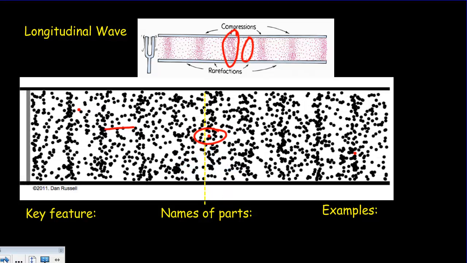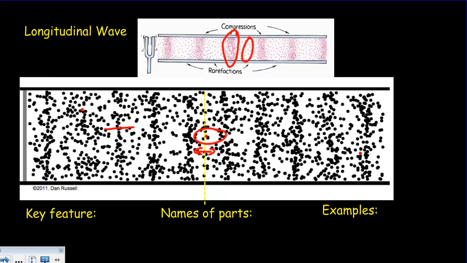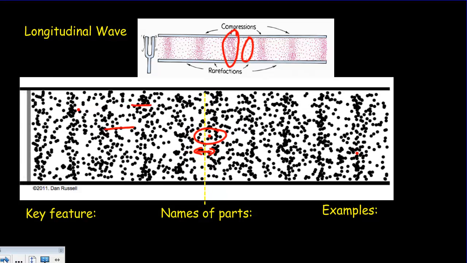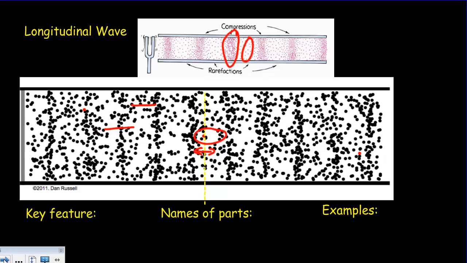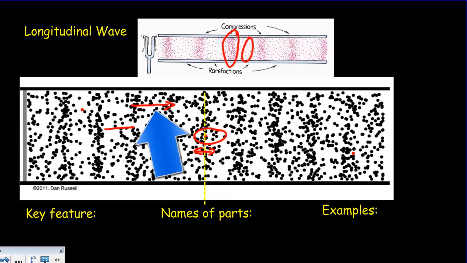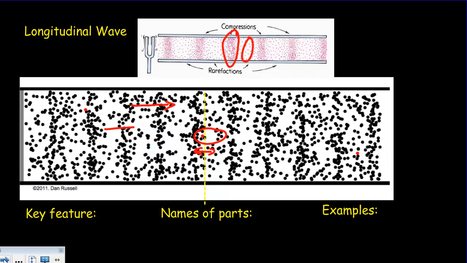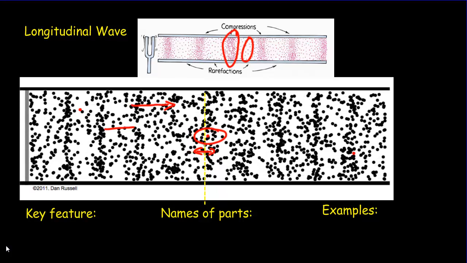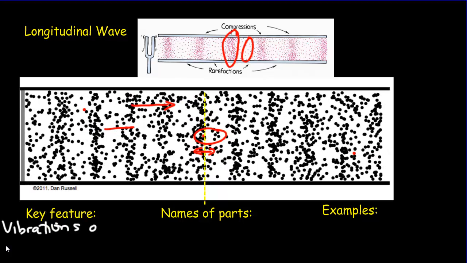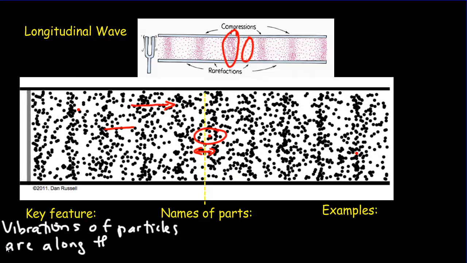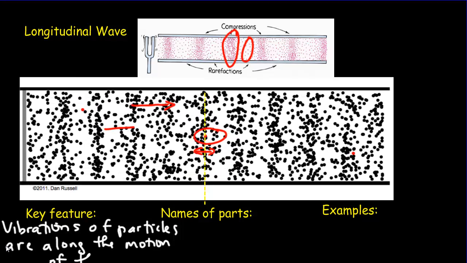So its oscillations are in this direction. And the motion of the compressions, this is moving quite slowly, the motion is in this direction. So the key feature is that the vibrations of particles are along the motion of the wave.